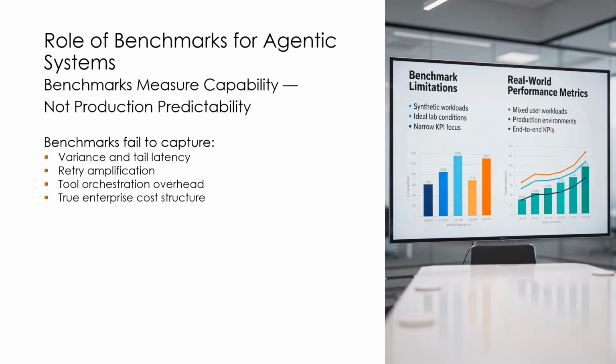In order to compare different options, some organizations rely on observability data collected during benchmark tests. In general, benchmarks are useful for addressing specific capability questions. For example, a benchmark can answer questions like, can an agent solve a specific task?